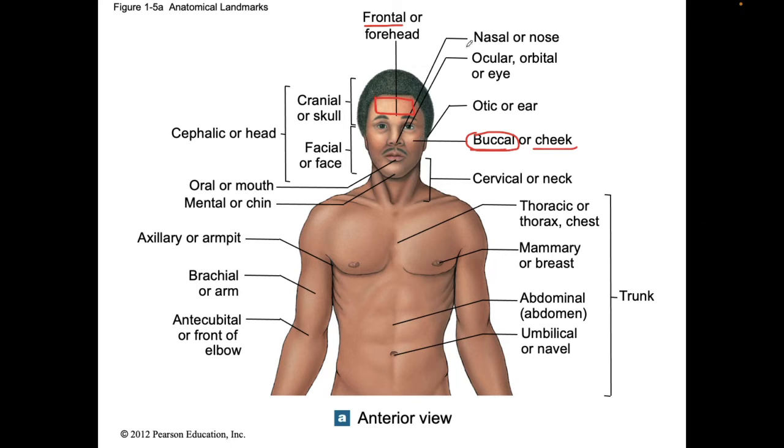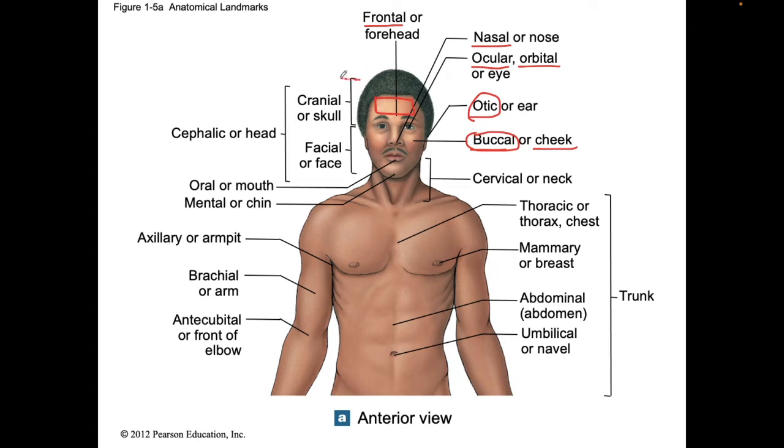When we talk about the nose, it's nasal. So when you learn of a muscle called the nasalis or a bone called the nasal bone, you'll know where it is. The eye is called ocular or orbital. The ear is called otic.